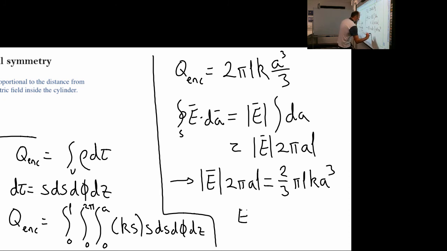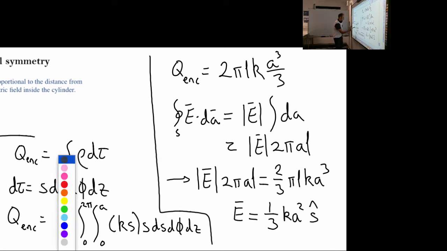And what we get is our electric field will be equal to 1 over 3 epsilon naught K a squared, and it's in the s hat direction.